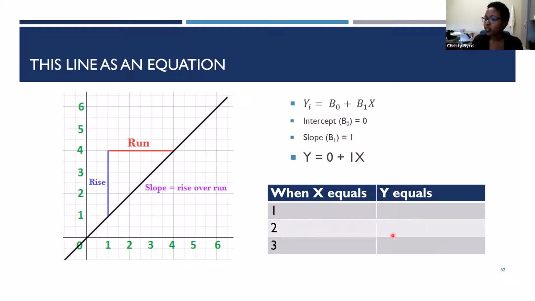All right, let's try it with 2. When x equals 2, y is equal to 0 plus 1 times 2. That's 2. So when x is equal to 2, y is equal to 2. Hey, that works. And then the last one for 3, y should be equal to 0 plus 1 times 3. That's 3.